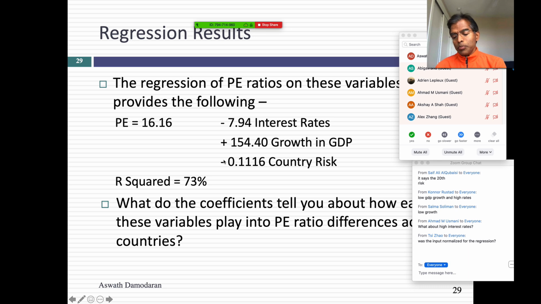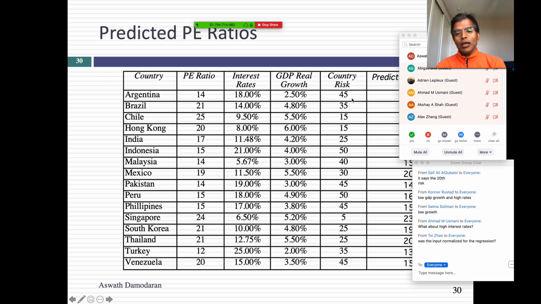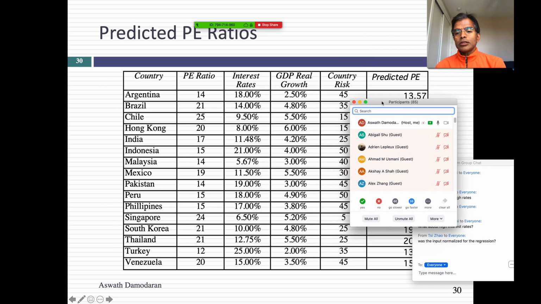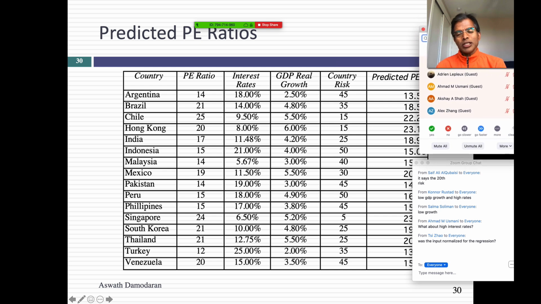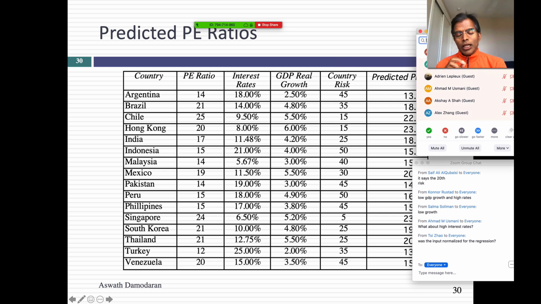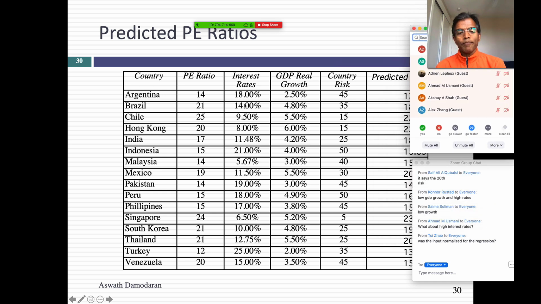I get a predicted PE for Argentina. That predicted PE for Argentina was 13.57. You're saying, what does that tell me? Given the interest rates, growth, and country risk of Argentina, I would predict that the PE ratio should be 13.57. Its actual PE ratio was 14. What does that make it? It makes Argentina slightly overpriced.